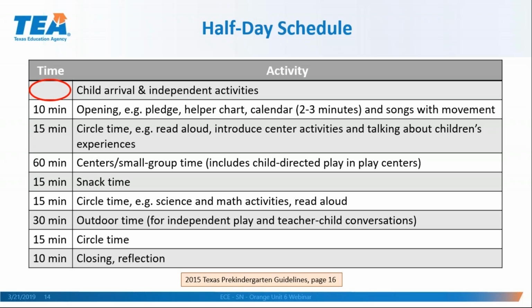That would be a way to make sure that all the children get the small group time, and yet it wouldn't be a huge change in the schedule. So anyway, this can be manipulated, but this is generally a sample schedule.